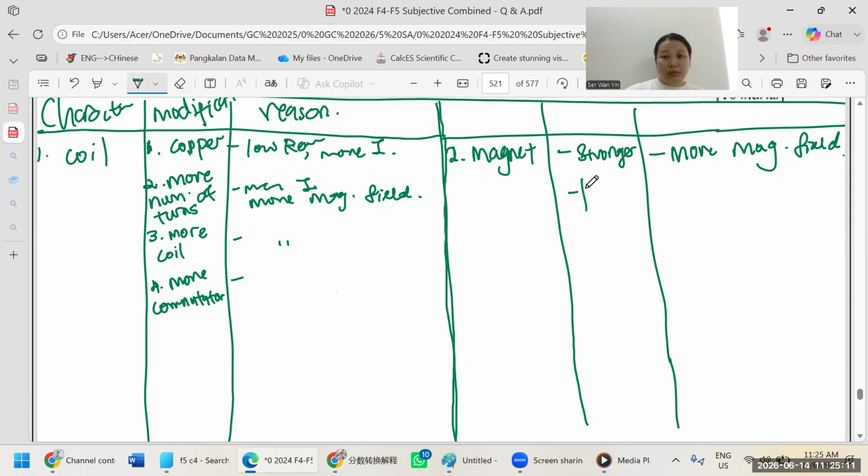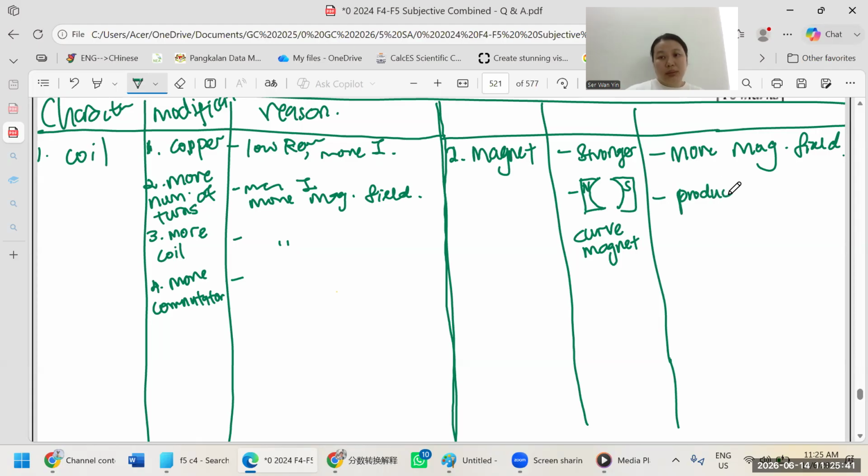If you don't know how to tell, you can draw. Curve magnet. Why curve magnet?